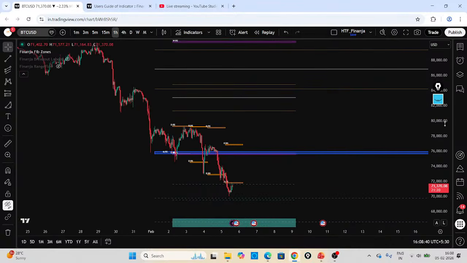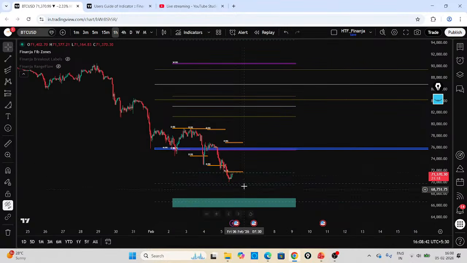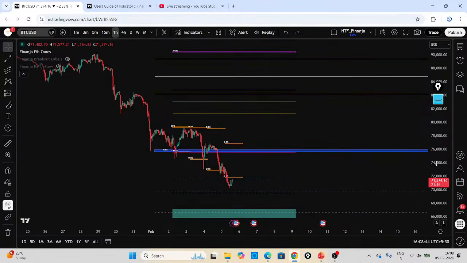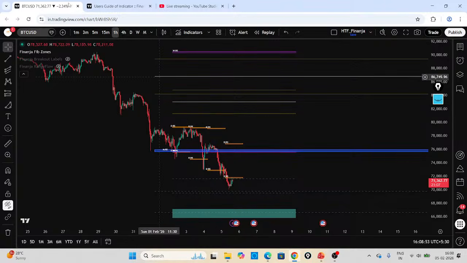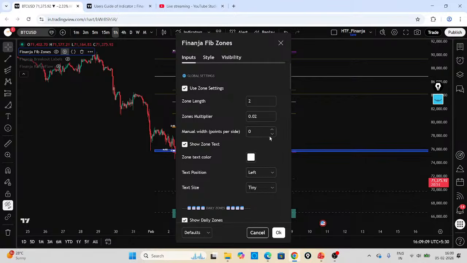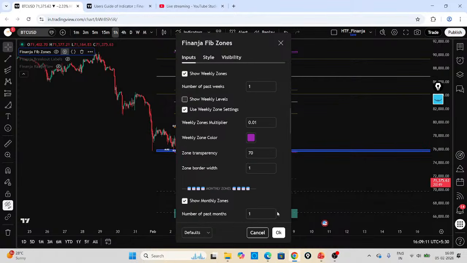But if it is too much clutter for you, you can duplicate the window and trade with the two time frames, weekly and monthly, because some of the levels on the weekly will be too far from the monthly levels. So I'll switch on monthly and weekly levels now.